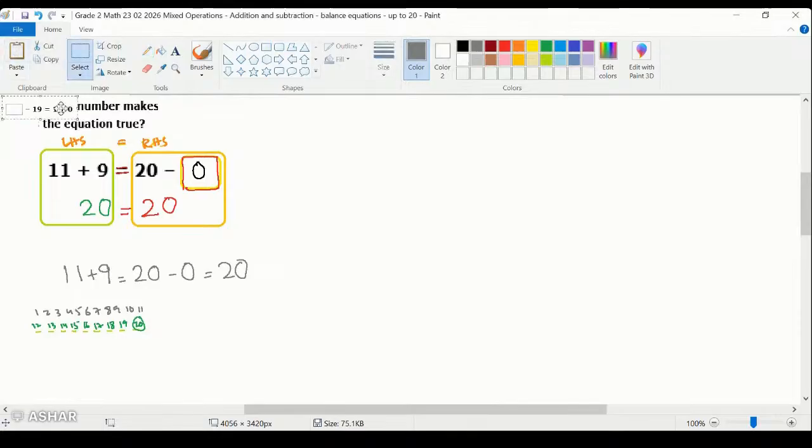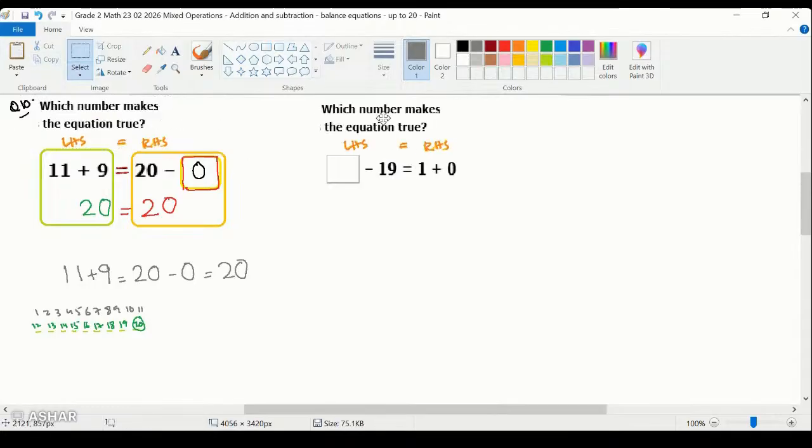Question number 11. For us, the question number 11 says something minus 19 should be equals to 1 plus 0. And we know the rule for adding a 0 is, what's the rule for adding a 0? Whenever we add 0 to a number, the number stays as it is.